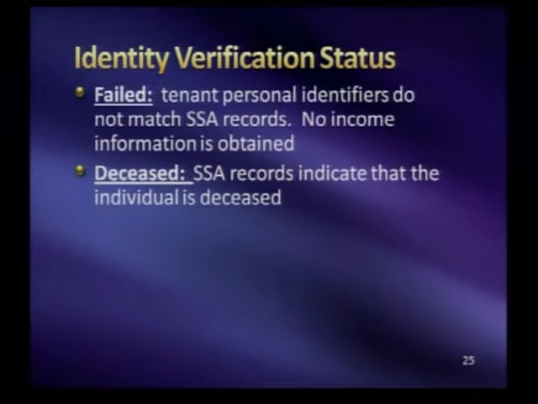Now, do keep in mind, there are some caveats. You will be looking at the social security card and looking at what's on your 5.8, and everything is matching up. But sometimes there are some nuances with computer matching. As long as you have confirmed that the information on your 5.8 matches what's on the social security card, then just make a note of it in the file.